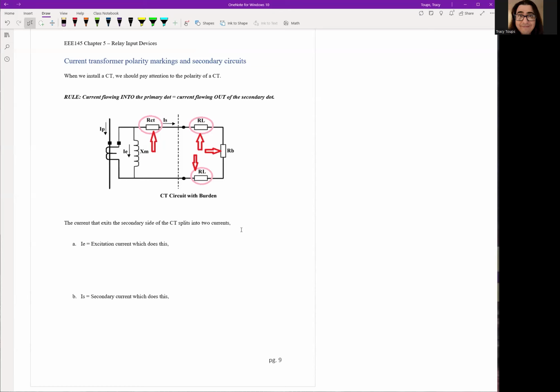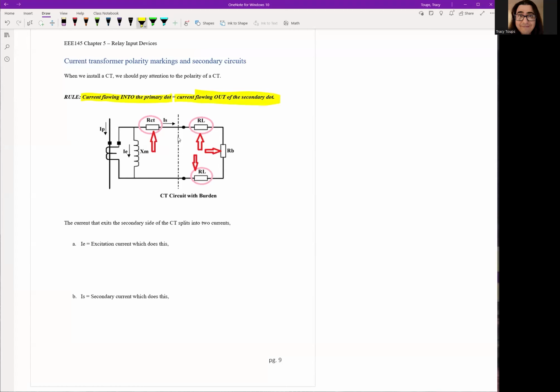The next thing we need to start talking about are two things: the polarity markings and the secondary circuit itself. Okay. Now, polarity markers have always kind of been a confusion for a lot of people in transformers. In a power system, we don't like confusion, so we try to make this as simple as possible for you. So there's a key rule. Everybody pretty much remember this jingle: current flowing into the primary dot equals current flowing out of the secondary dot.